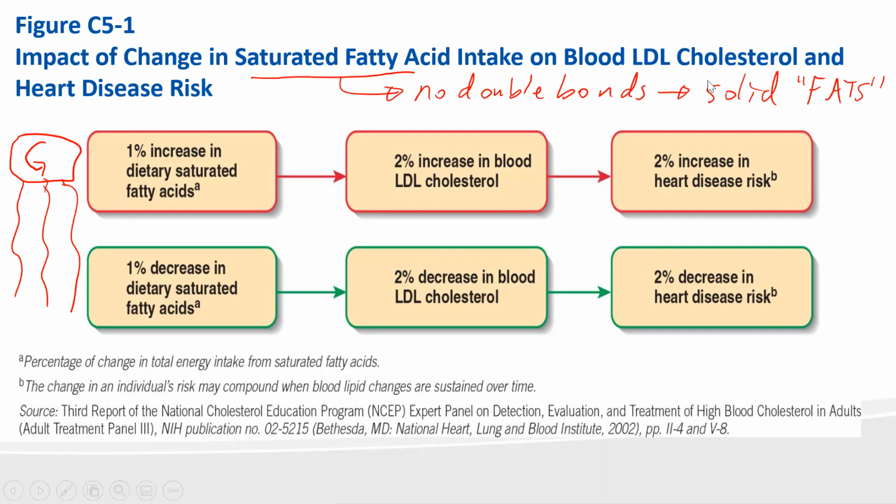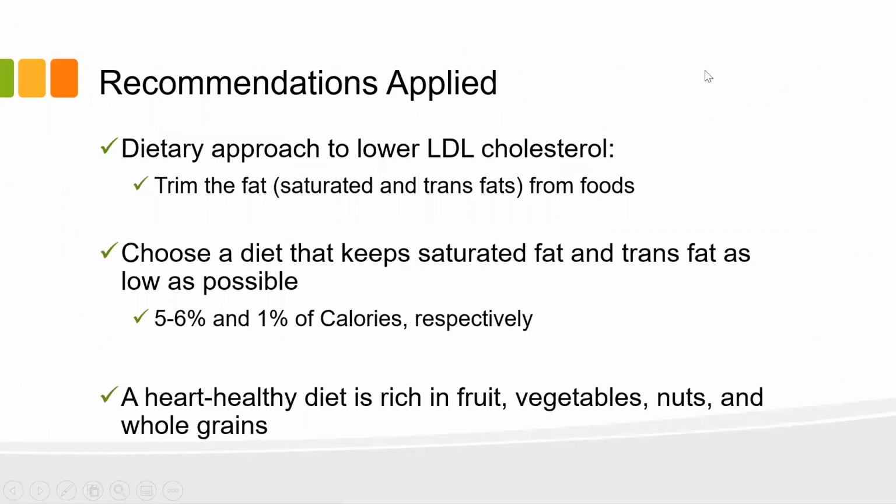So I want to talk today a little bit about fats in the diet, and some of these recommendations, in terms of what we think we should be doing anyway. One of the approaches to trying to avoid saturated fats and dietary cholesterol is trimming the fat around the edges, things like that.